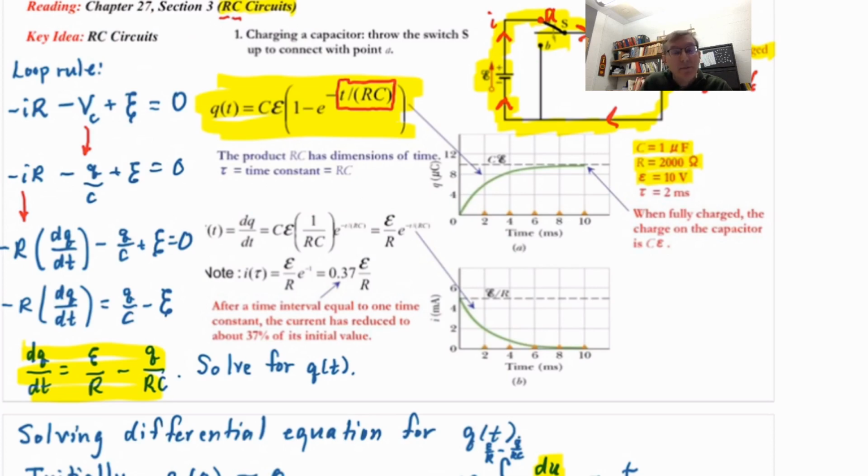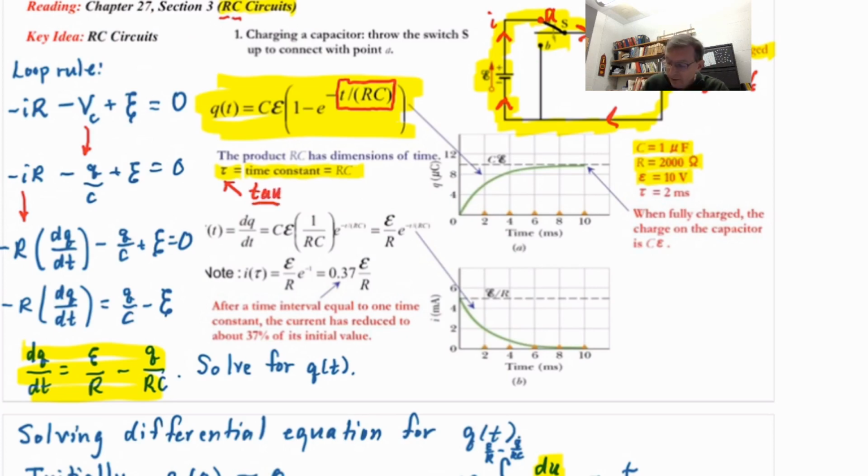That means the combination of R times C, resistance times capacitance, must have the dimensions of time, and in SI, units of seconds. And so that combination R times C is called the time constant of the circuit. And there's a special symbol for that time constant. It's the Greek lowercase letter tau, not a T, tau.